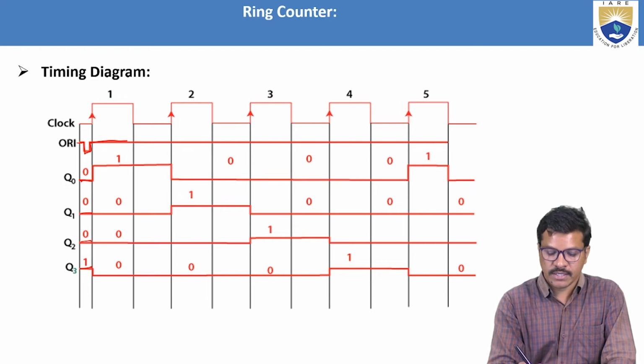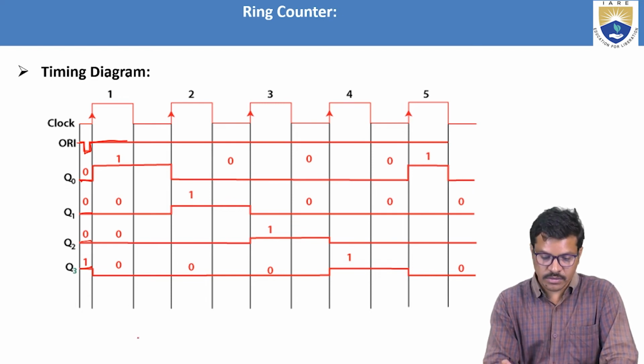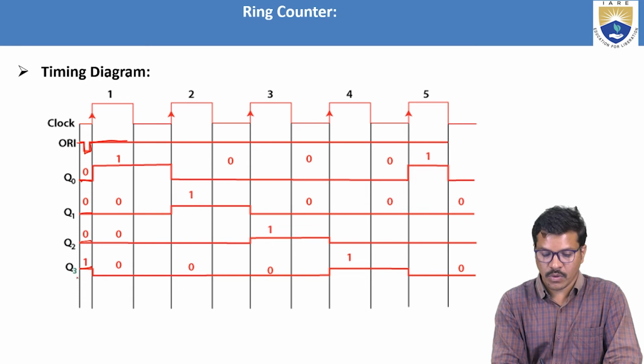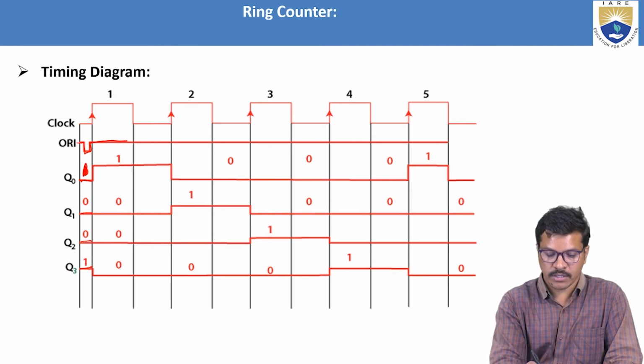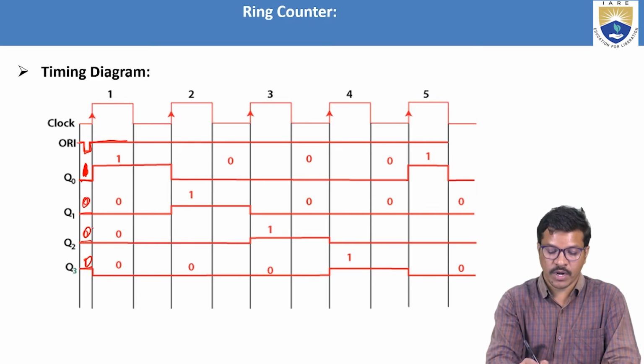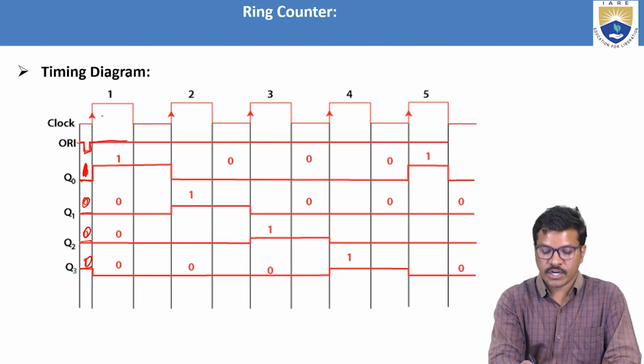In our case, when reset is equal to 0, Q0 is equal to 1 and the remaining are all zeros in our particular diagram. So once it is initialized to 1 0 0 0, again the negative edge of the clock pulses.